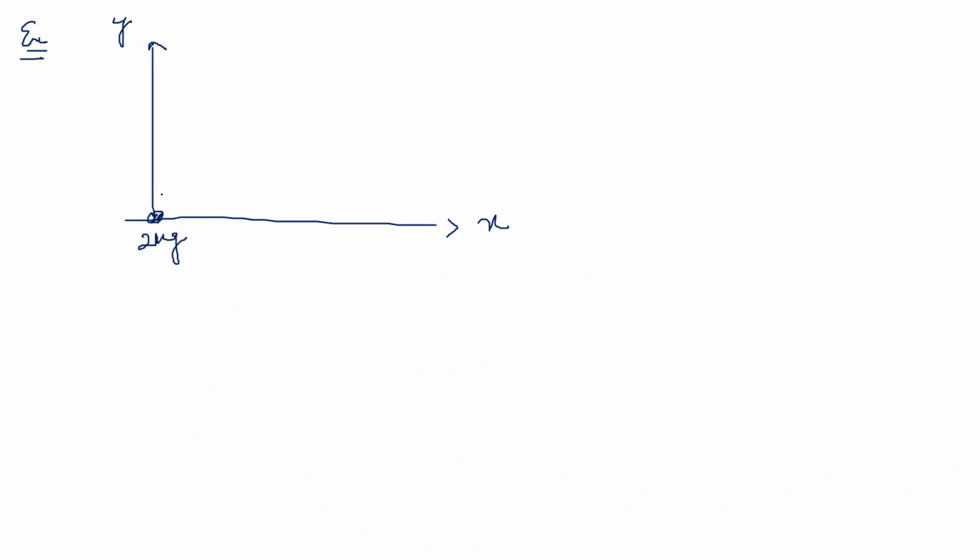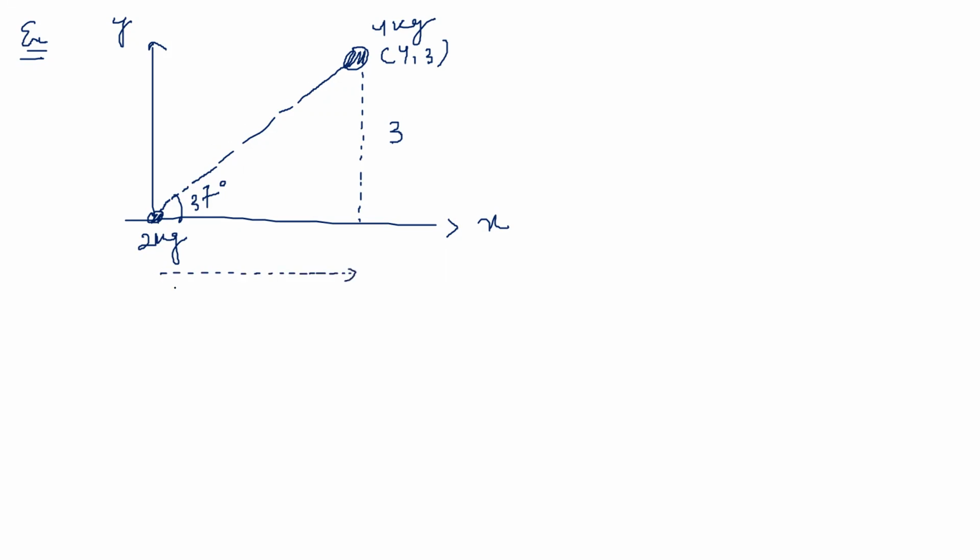Let at some distance there be a 4 kg point object, and the coordinate of this point is given as 4 and 3, and this angle is given as 37 degree. 4 and 3 means this distance is 3 and this distance is 4. Yes or no? He's asking to find the coordinate of the center of mass.